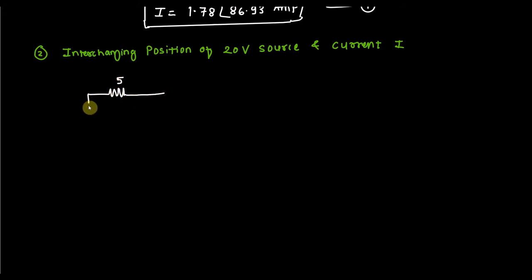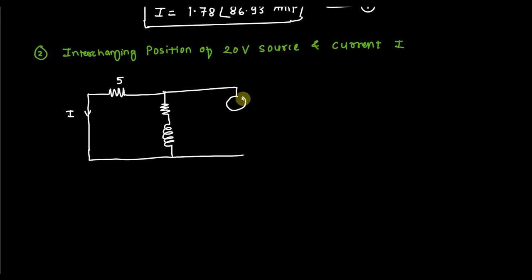Instead of the voltage source, now there will be the current I. Here we have one resistance and one inductor. And at that current position we have to draw the voltage source.